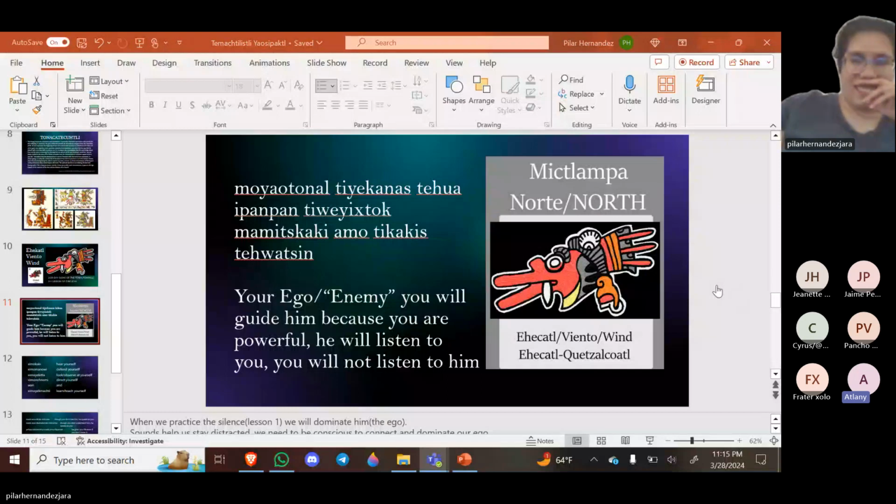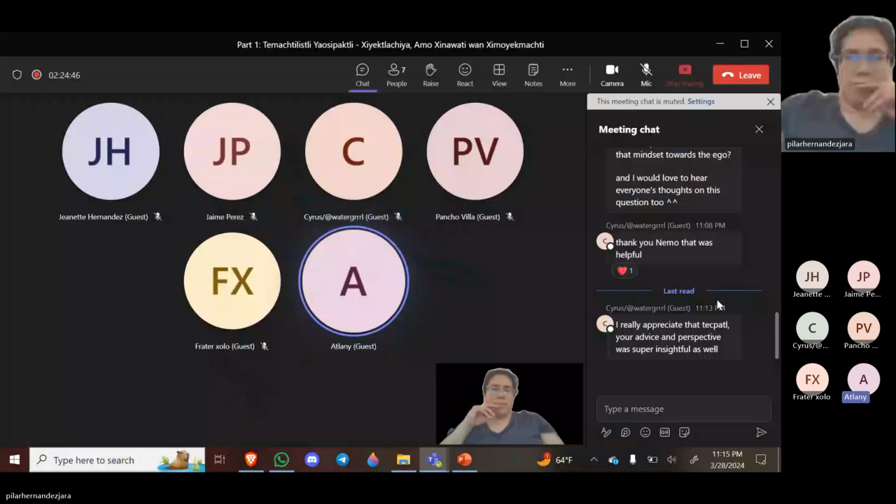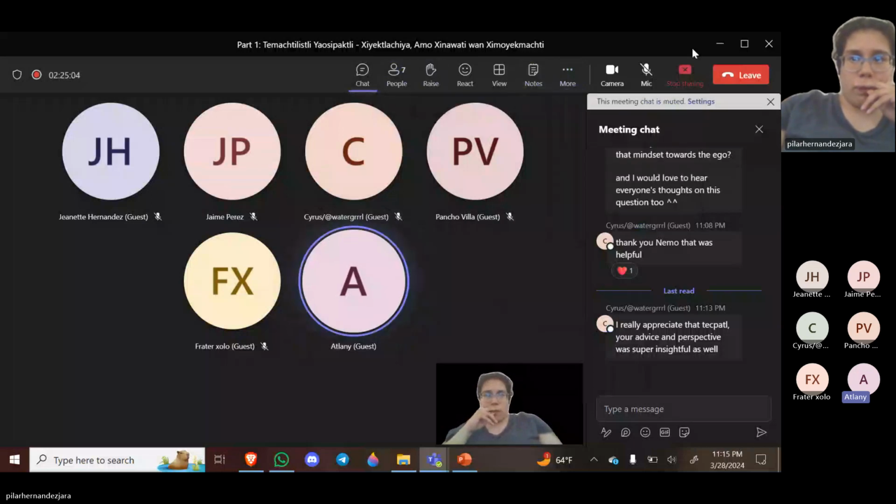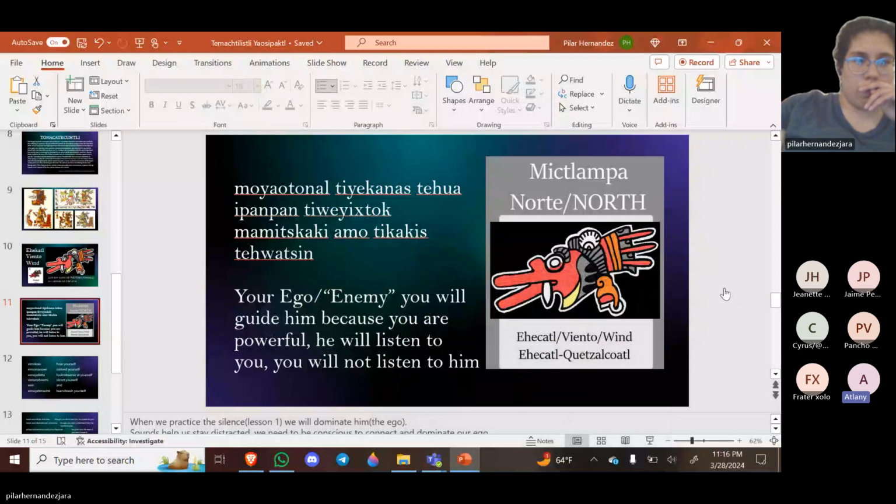Mictlampa refers to the north, but it also refers to the place where our ancestors go after life. This is also a place where we can essentially visit. So when you hear us say, see you in Mictlampa, that really means we'll see you in our dreams.